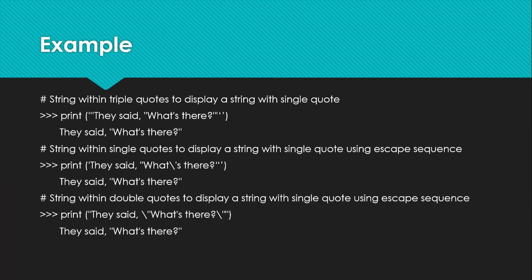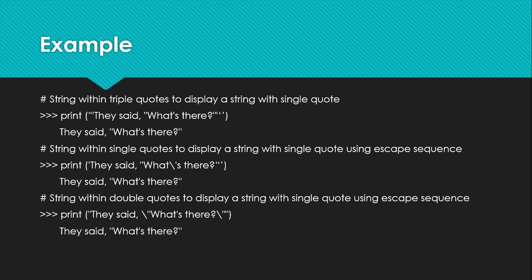Now I'm going to show you an example of how we use an escape sequence in a string within triple quotes to display a string with a quote. Look at this example. The first example is a triple quote. They said, comma, what's there is enclosed in double quotes.